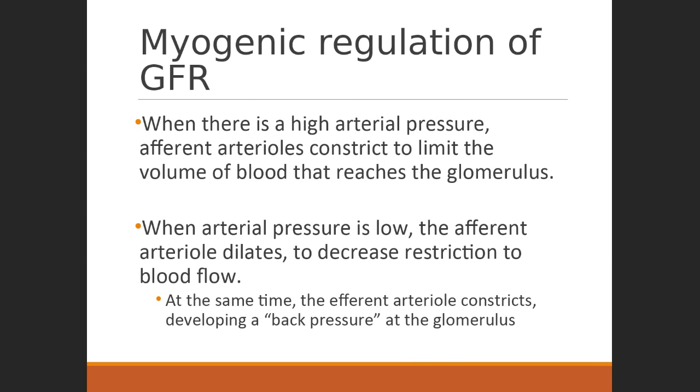So myogenics, a direct constriction or dilation of the arterioles of the glomerulus in response to blood pressure changes. And of course, there's only two ways we can have blood pressure change. It can go up or it can go down. So we are looking for arterial changes to offset both of those variables.